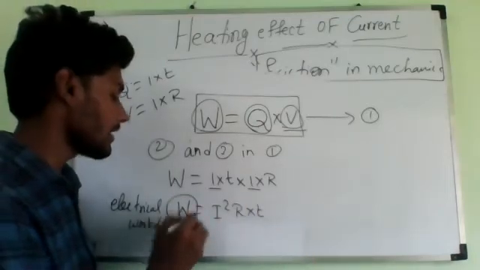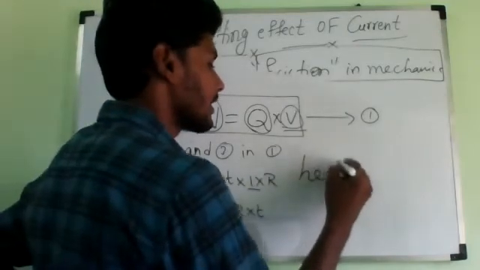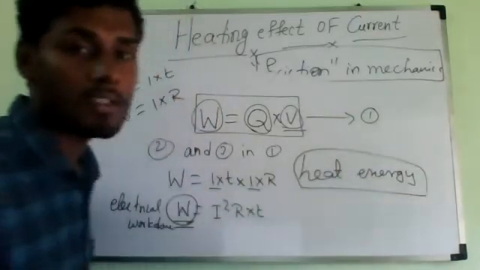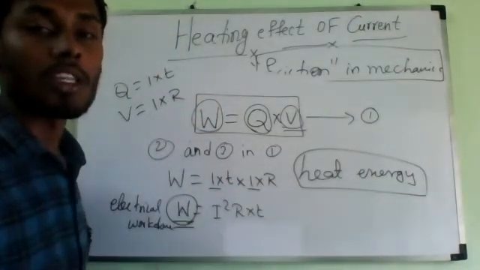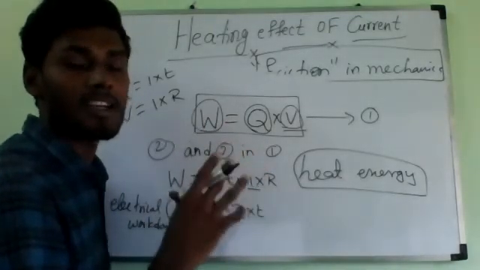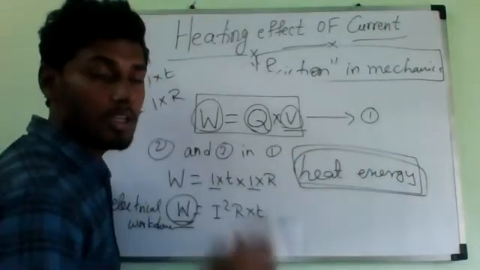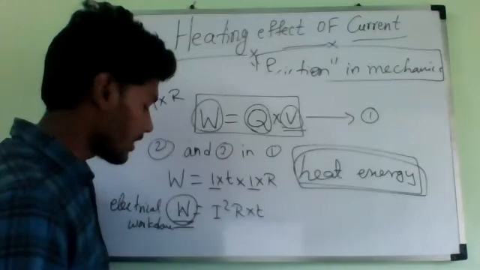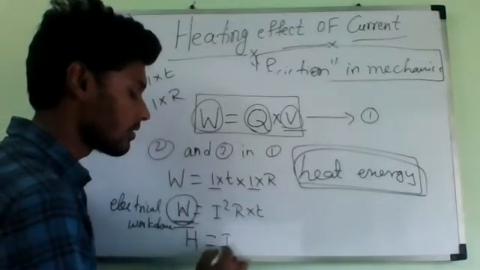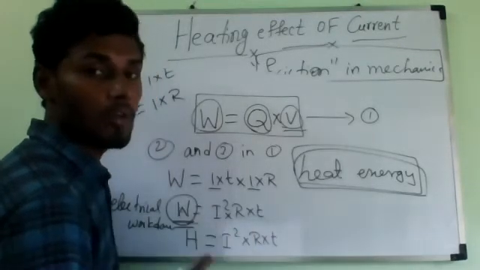The work done by the electrical energy is completely converted into heat energy, so in the place of work done we can say the heat produced. The amount of work done by the electrical energy equals the heat energy produced by the wire or the resistance. So in the place of work done, I can replace it with H, which equals I square into R into t. So this is the formula.